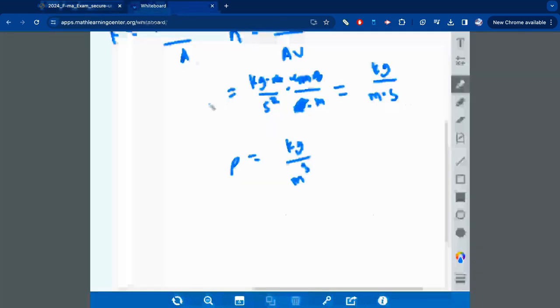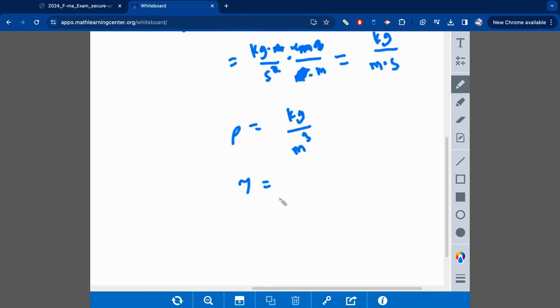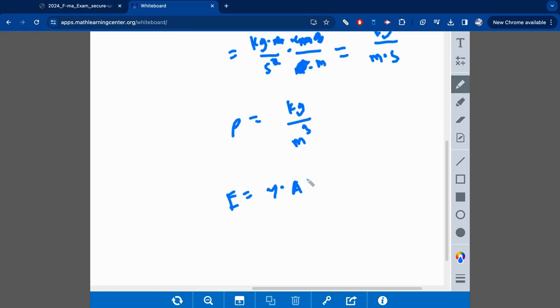Surface tension, okay, so to derive surface tension, you could remember that energy equals surface tension times area.